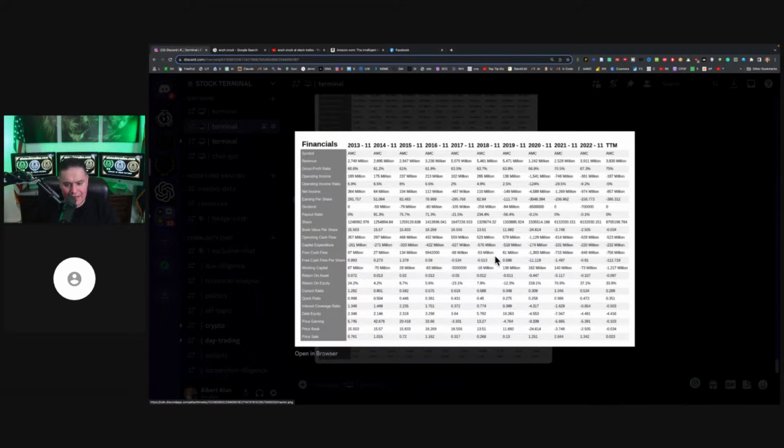But just look at free cash flow. They are almost $1 billion negative in free cash flow. It's crazy, huh? And almost $1 billion negative in net income. They're literally burning almost $1 billion a year.